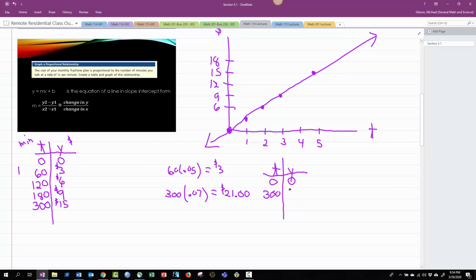Remember, 300 minutes is 5 hours. So instead of 18 right there, it's going to be at 21. The 2 points are 0, 0, the same as the other line, and 5 hours, $21. Then we'll draw the line this way.